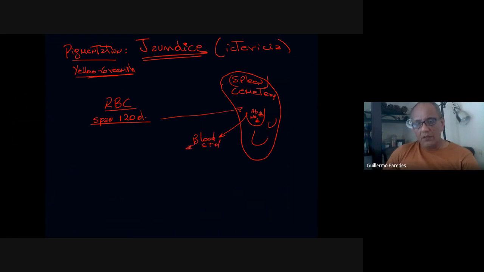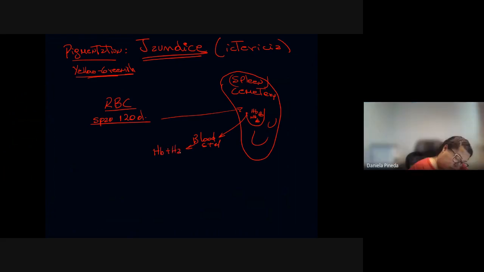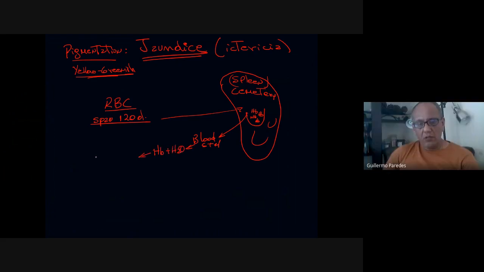In this scenario, they are going to mix hemoglobin plus water, and that is going to lead into bilirubin. This is the pigment that actually is yellow greenish. So the bilirubin is going to be in the bloodstream.